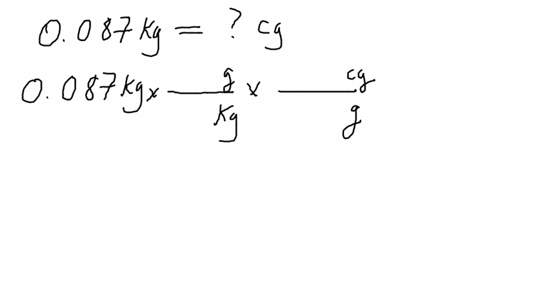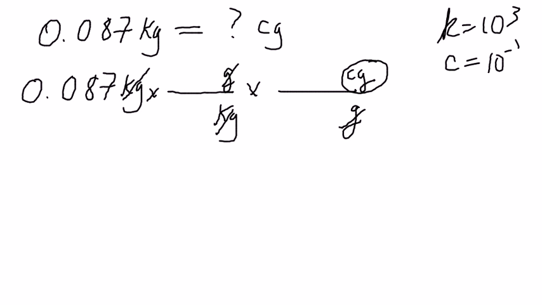Notice I always put the units first so that I can set it up in such a way that the units that I want to get rid of cancel, and the unit I want to convert to is the one in the upper right hand box. Thinking about what kilo means, kilo means 10 to the positive 3, centi means 10 to the negative 2.